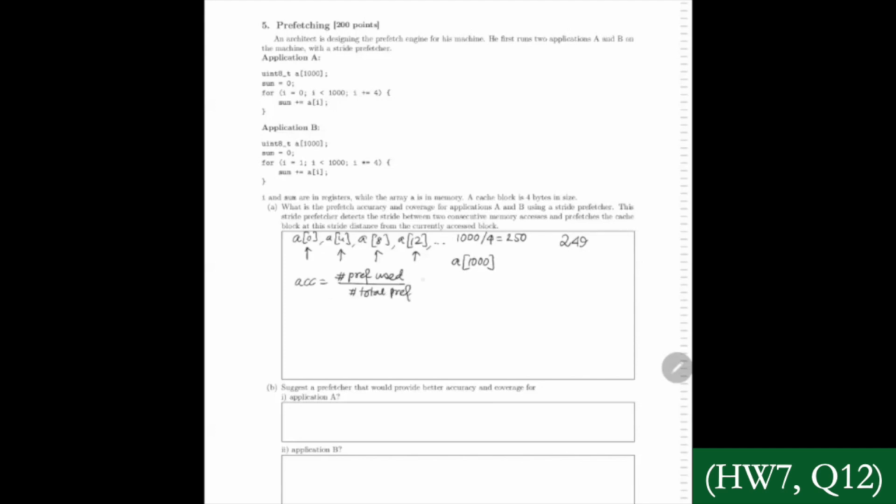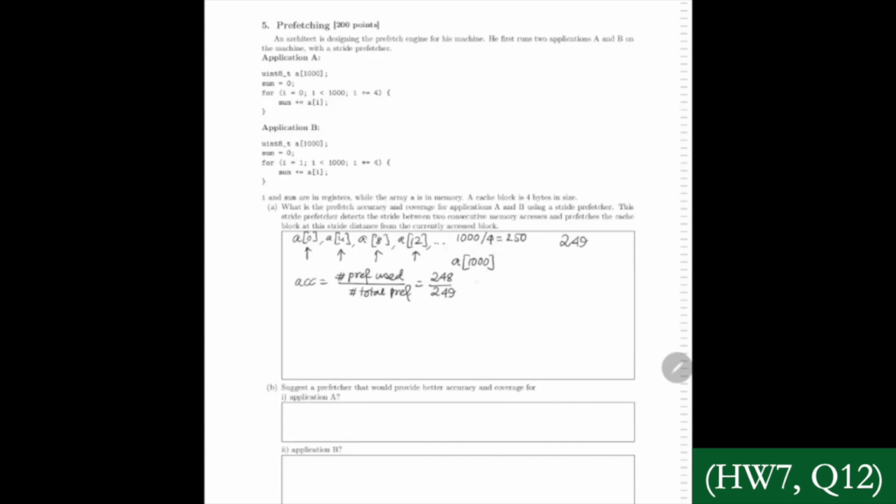As per this rule, the accuracy of the stride prefetcher in this program A would be 248 out of 249, because the last prefetch, which is going to A1000, won't be used at all.